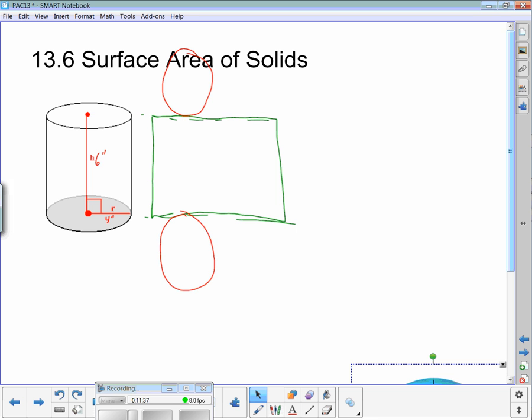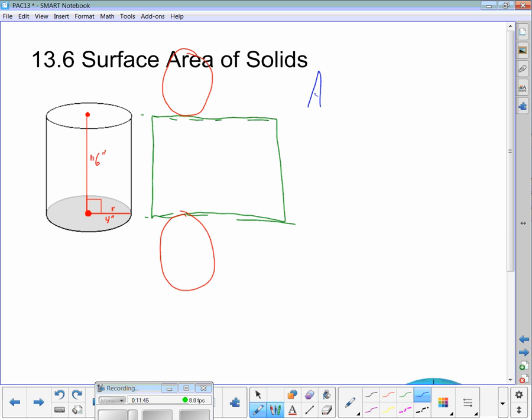If we were to do a formula, the surface area of a cylinder would be, how many circles do you have? So it would be 2 times the area of a circle, right? Because the top and bottom are the same size, plus the area of the lateral surface.